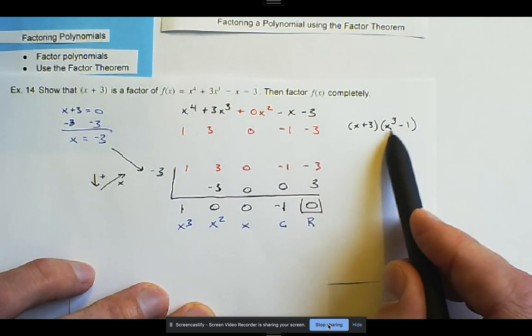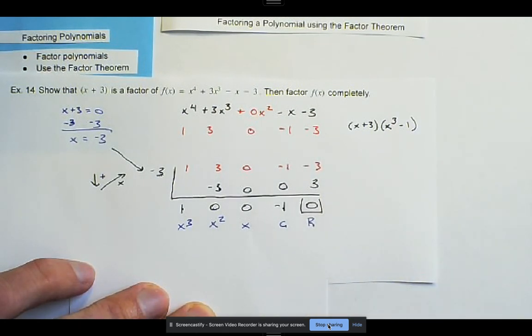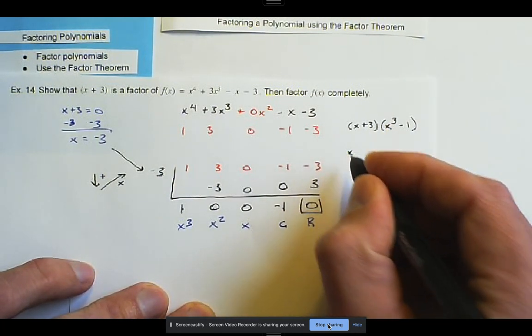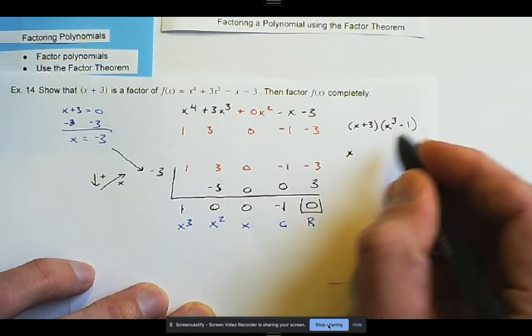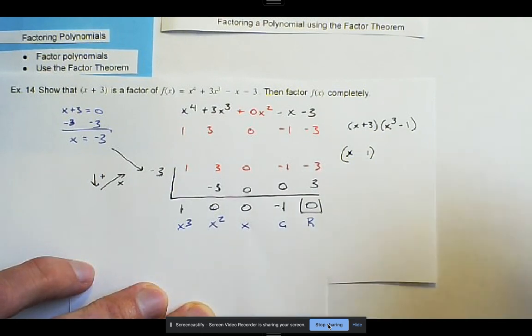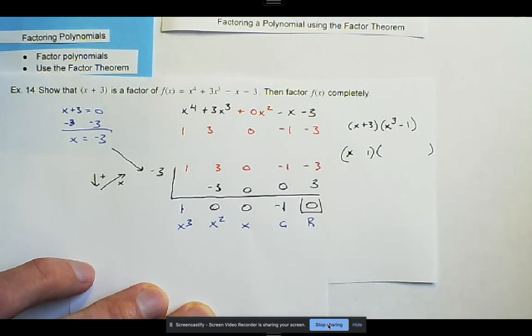And then we have x cubed minus 1, which is a difference of cubes. And so the cube root of x cubed is x, and the cube root of 1 is 1. And we know that we have a binomial, and then we have a trinomial.